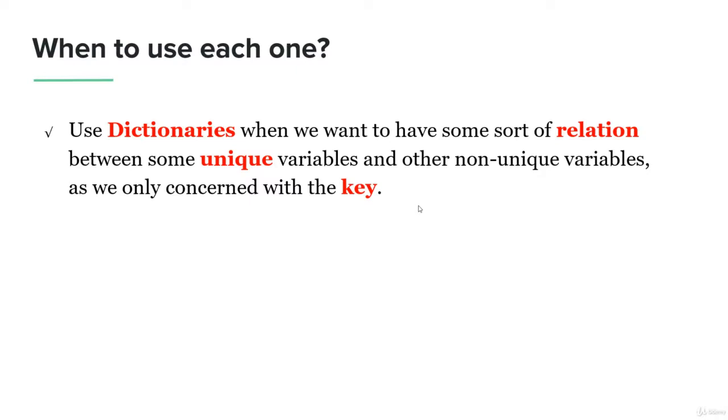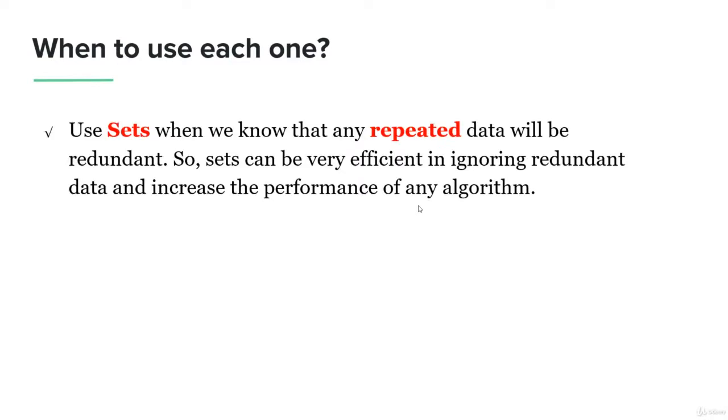So we use dictionaries when we have some sort of relationship between some unique variables and other non-unique variables. We are only concerned with the keys. Why? Because we access the values using the keys, right? As we saw.